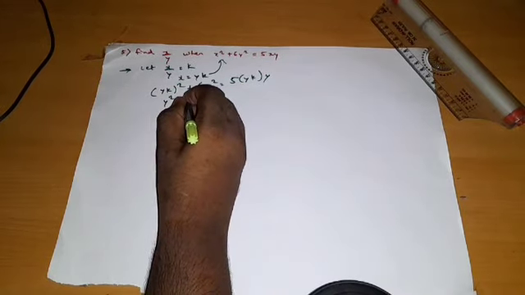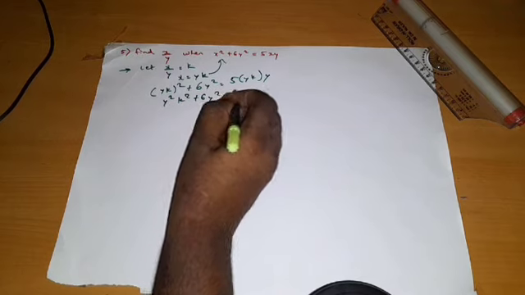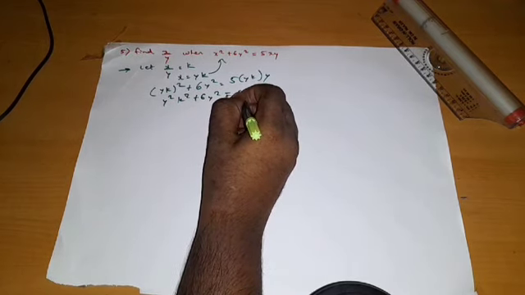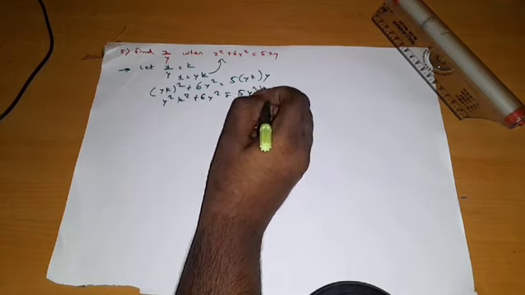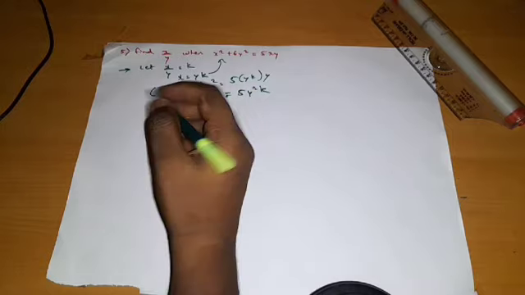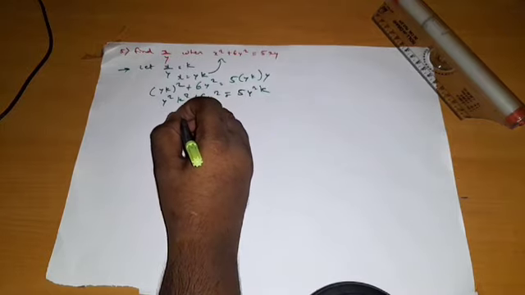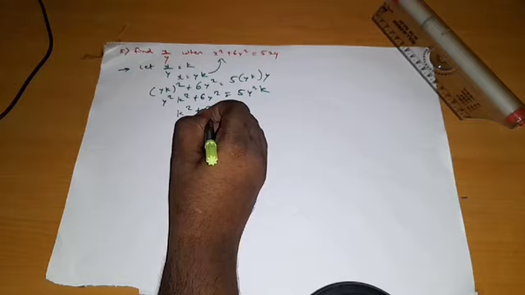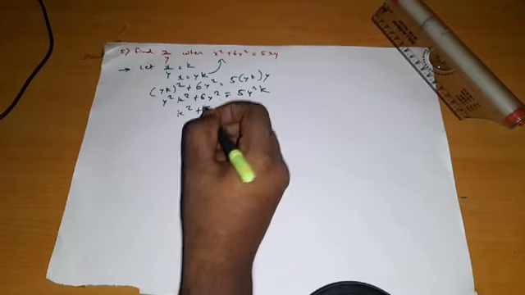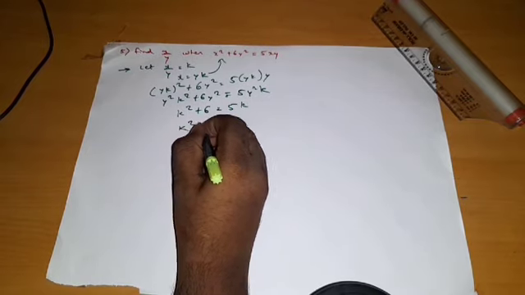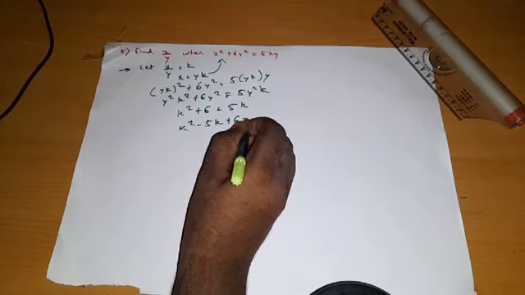So y square k square plus 6 y square is equal to 5 y square k. Take y square common, it will cancel out. k square plus 6 is equal to 5k. Okay, k square minus 5k plus 6 is equal to 0.